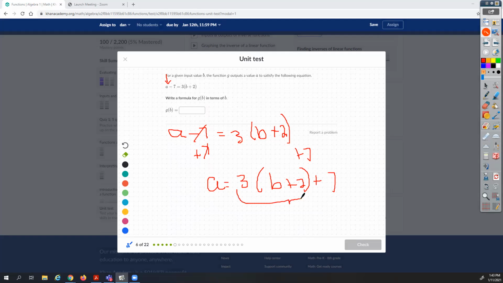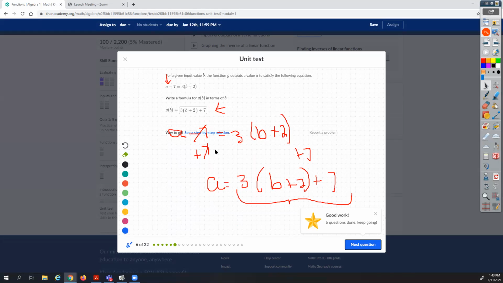And this is what we'll enter over here, guys. So here we'll have 3 parentheses b plus 2 plus 7.